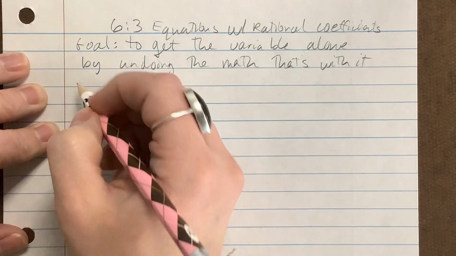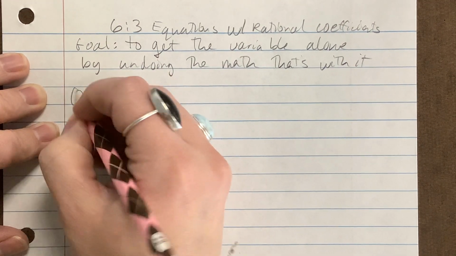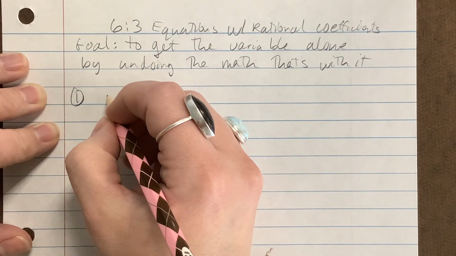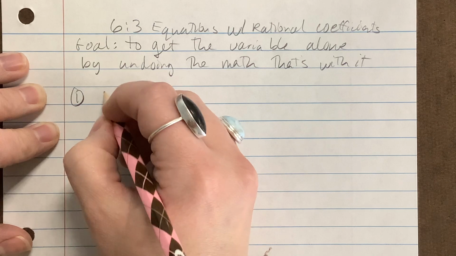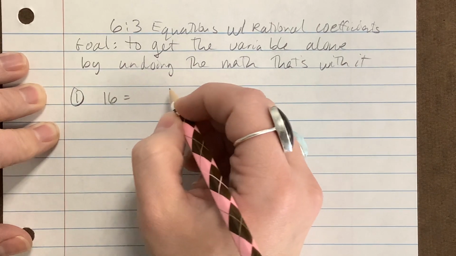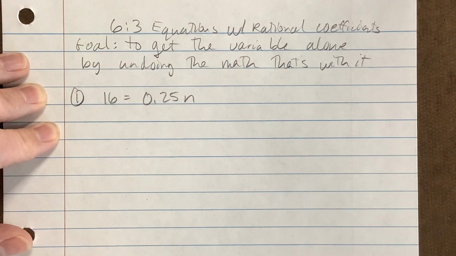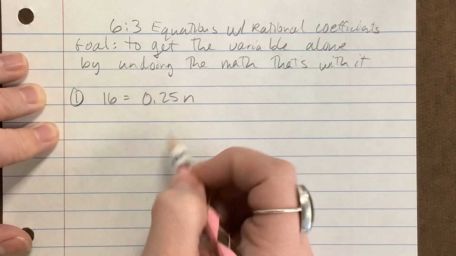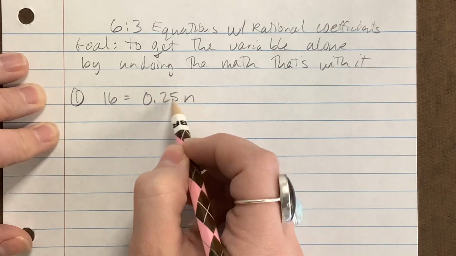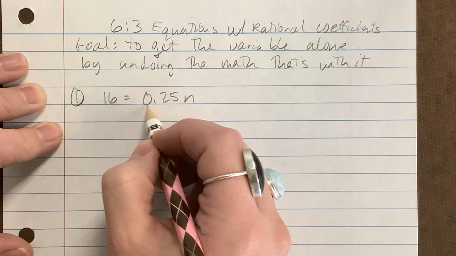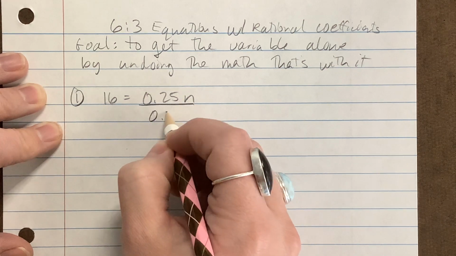So when we go for rational coefficients, this means we're going to have decimals and fractions next to our variables. So for instance, 16 equals 0.25n. Okay, so right now we have 0.25 times n. So to undo multiplication, we divide.